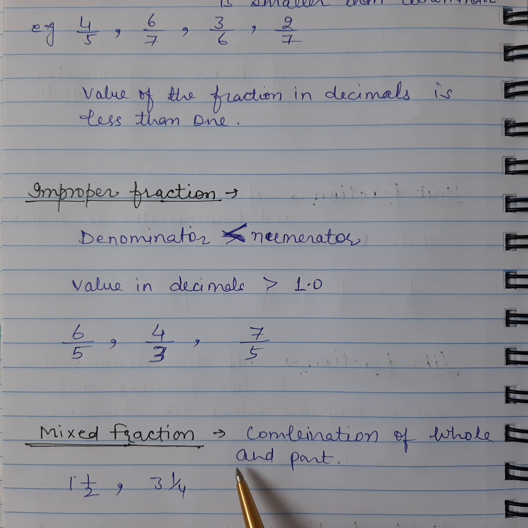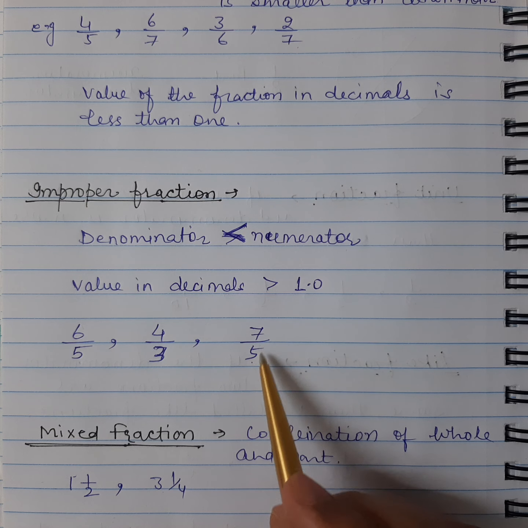Mixed fractions. In a mixed fraction, we have a combination of a whole number and a fraction. For example, 1 whole and 1/2, 3 whole and 1/4. These are mixed fractions. Mixed fractions are only improper fractions, but they are written in the form of a whole and a fraction.